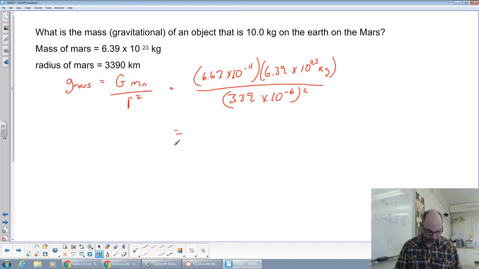So 6.67 exponent negative 11 times 6.39 exponent 23.